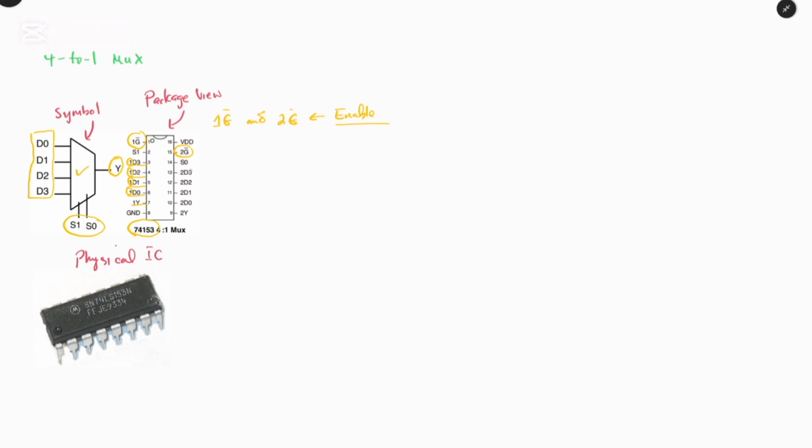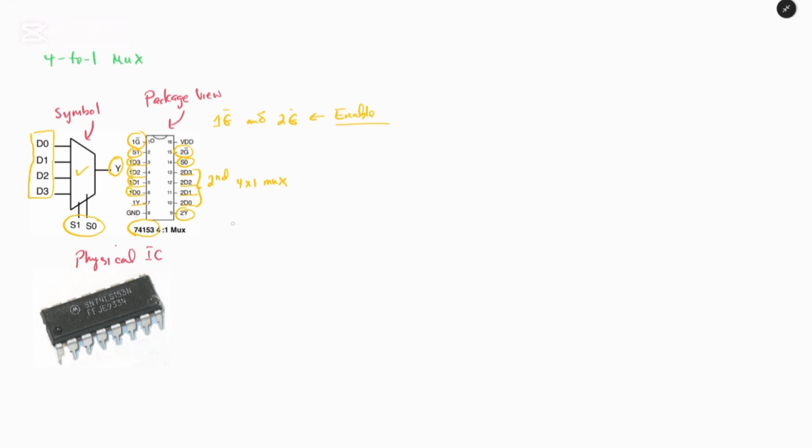And on the other side, you can see 2D3, 2D2, 2D1, and 2D0. They now represent the second 4 by 1 MUX. And we have 2Y, which is the output of the second 4 to 1 multiplexer. So we have the select lines, which represent the control of this 4 to 1 multiplexer.